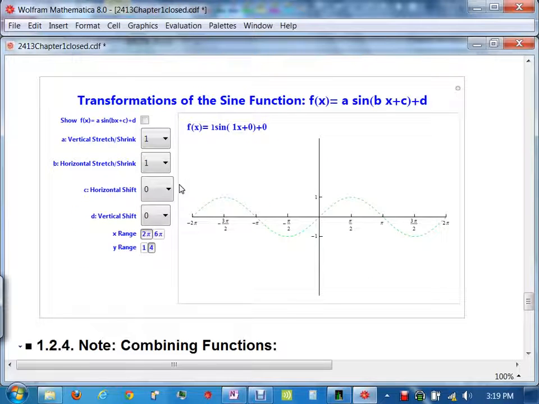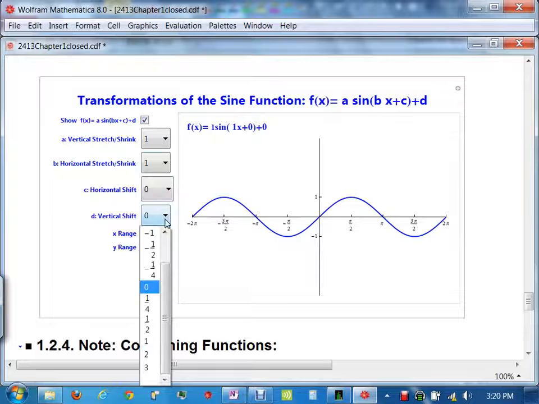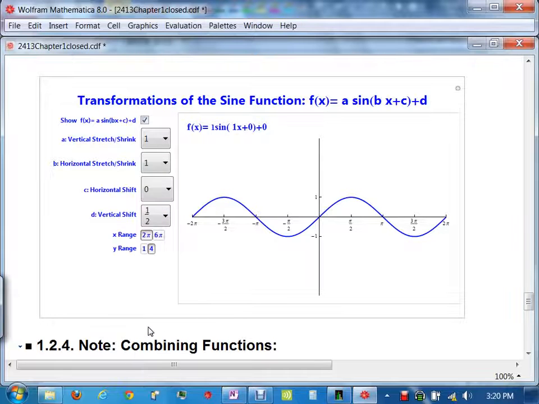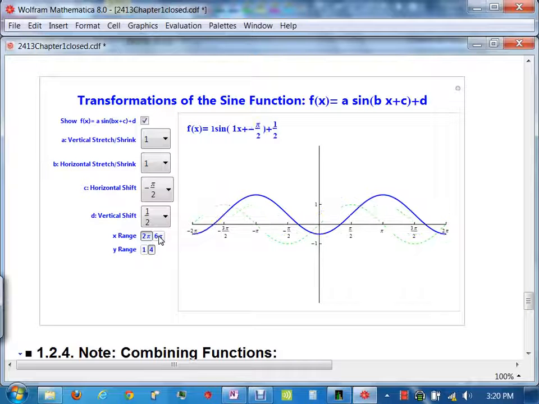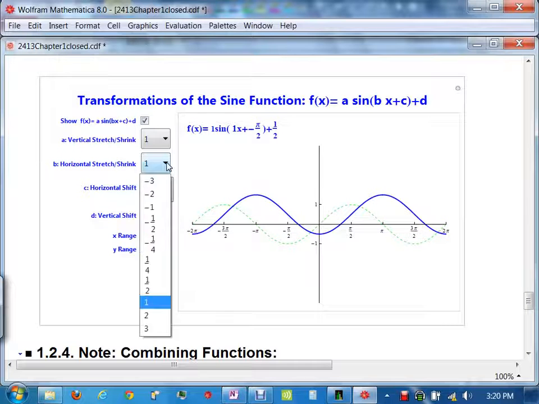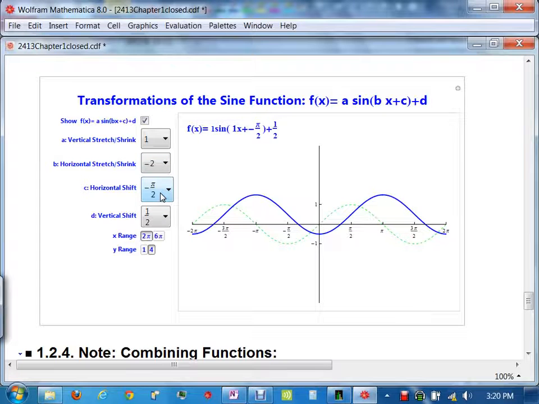I mean, we could do the same thing for sine, right? Take the whole sine function. Let's move it up 1. Let's move it up a half there, right? Let's move it to the, let's see, if I put -π/2, it's going to move it to the right by π/2. Right, I can flip it over.